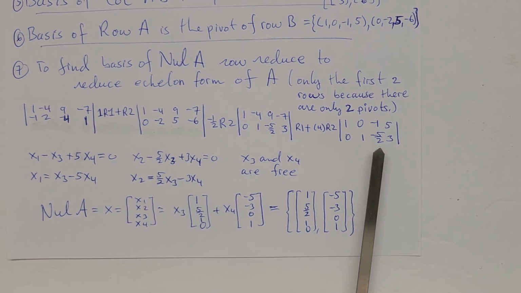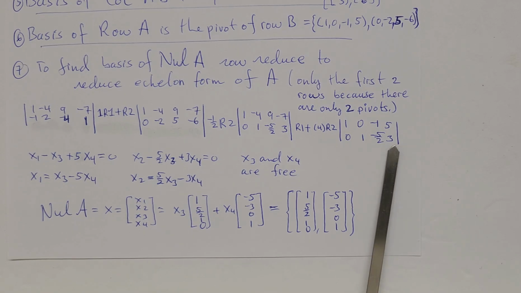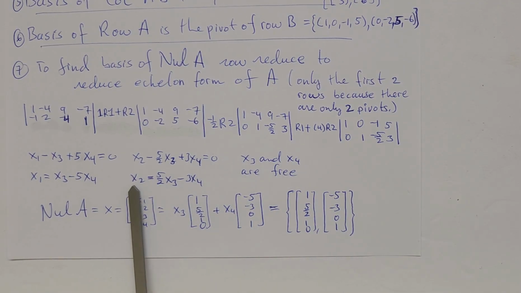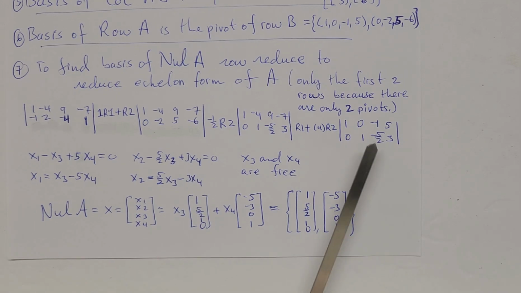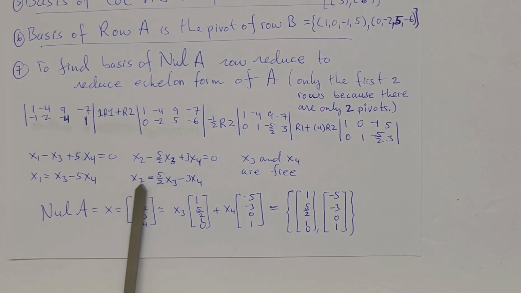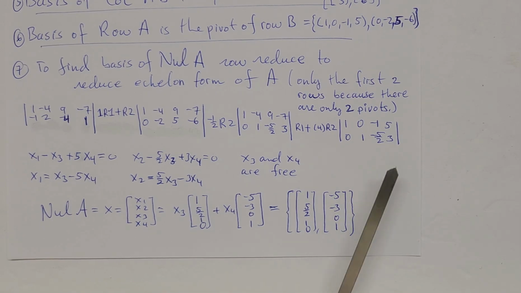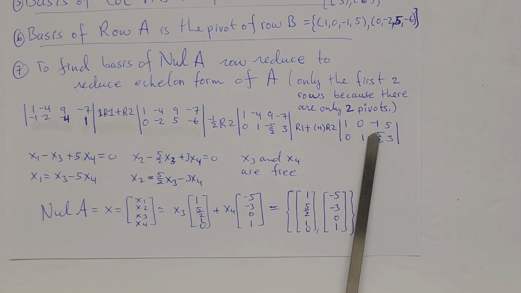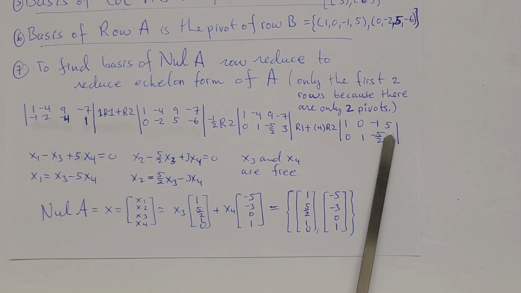Next, this is column 3, this is column 4. So x3 and x4, since these two are not taken by the pivot in x2, they are considered free. One more time: pivot 1 right here, so x1 minus 1x3 plus 5x4.